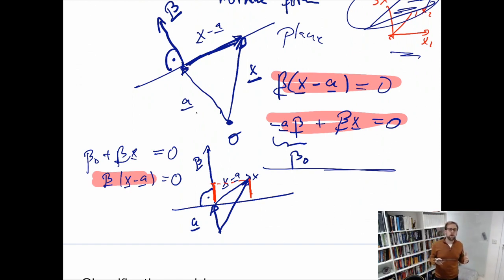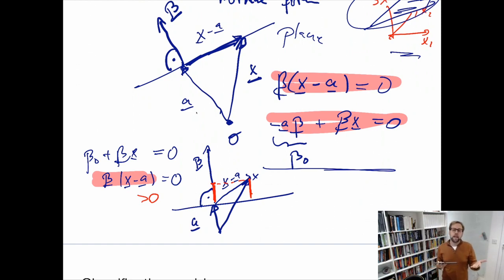But what's also important is that if this projection is positive, then the x minus a vector is pointing in the same direction as beta, which means x is on the same side of the plane as beta is pointing towards.